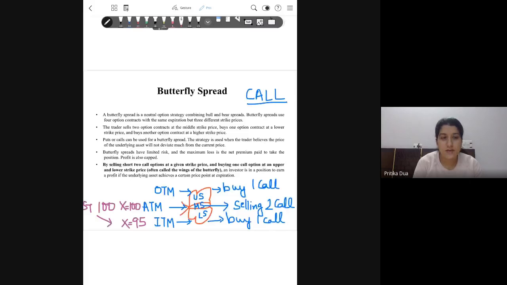When the share is available at 100, this option contract is giving you the choice of purchasing this share at rupees 95. So you are buying one call which is in the money and there is another call which is out of the money.